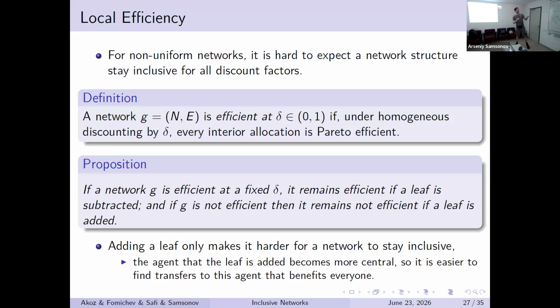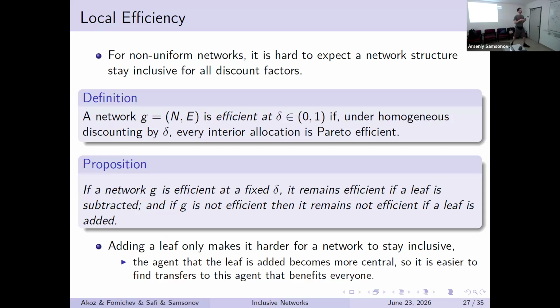And if you have a network that is already uniformly efficient, meaning that at some delta interior allocations are efficient, and you remove a leaf, then the graph will not become inefficient. So if you remove a leaf, it's easier to make sure that at some delta, interior allocations are efficient.